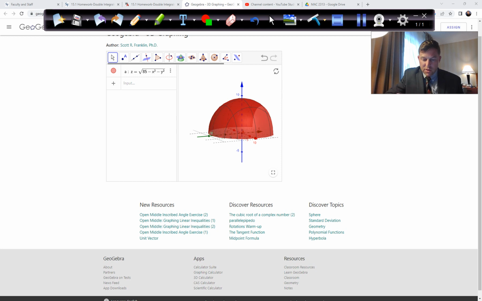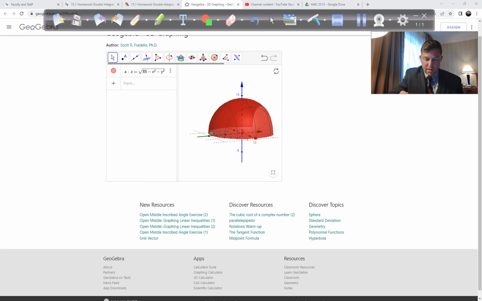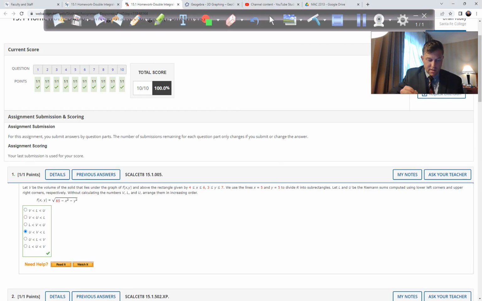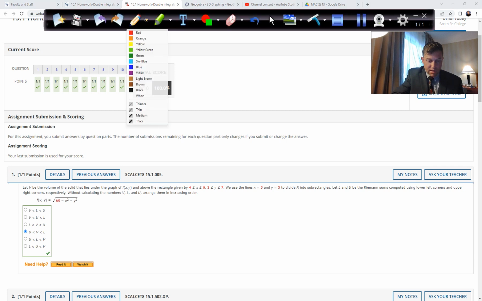So we go back to our choices and we say the upper right corner underestimated, the upper left corner overestimated, so the best estimate in order, or I should say from small to big, would be the left estimate, and then the actual volume of the sphere, and then the right estimate.